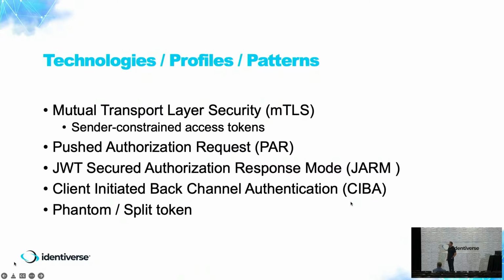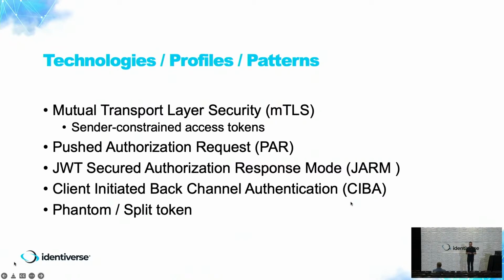So, what can we do to implement financial grade API security? These are some of the things we're going to look at today. I'm not specifically going to cover mutual TLS necessarily, but I need to cover it in order to talk about sender constrained access tokens because they're somewhat related, right?